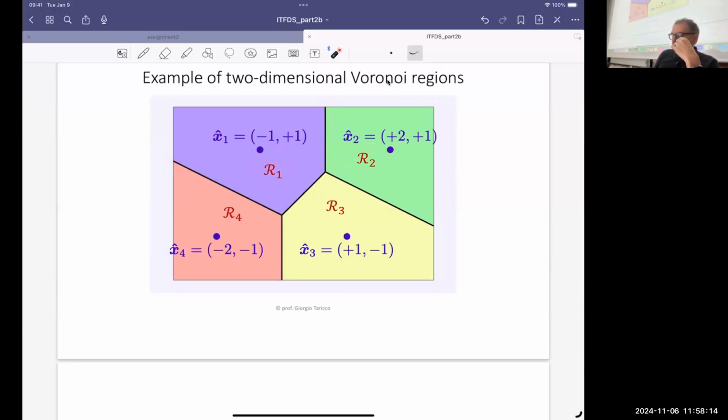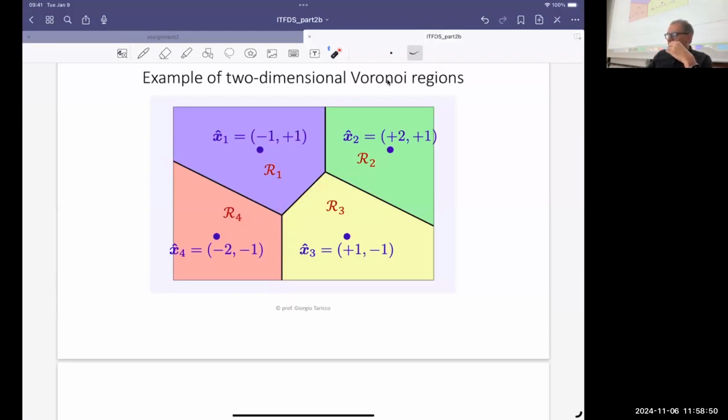In the case of x4 hat, we only have two lines, because the line that corresponds to the segment that joins x4 hat with x2 hat is farther away from the two lines that are the axes of the segments joining x4 hat and x1 hat and x4 hat and x3 hat, so that it is irrelevant.